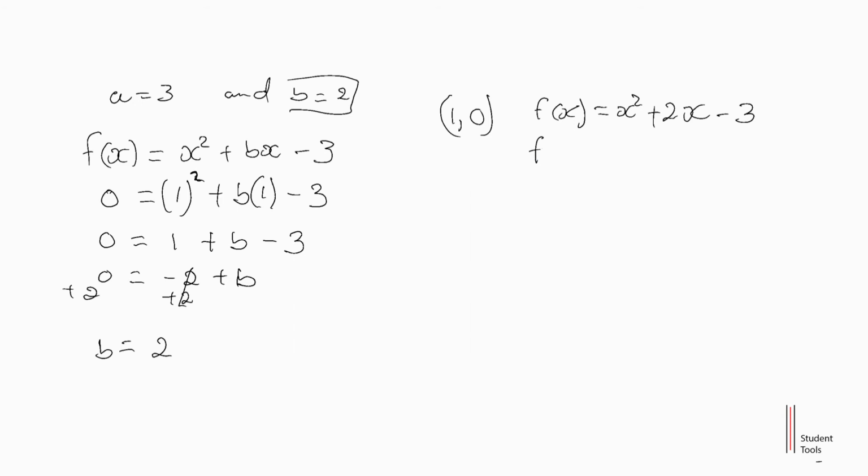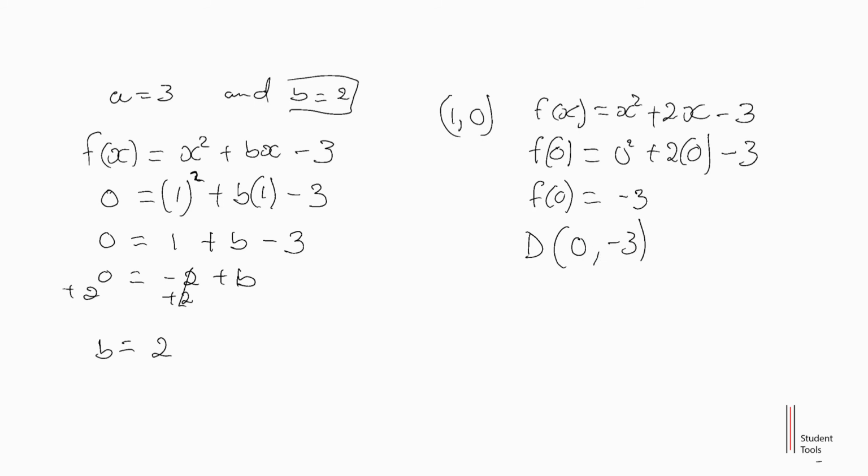So f of 0 is equal to 0 squared plus 2 times 0 minus 3. And then that makes f of 0 equal to, this is a 0 and this is a 0, so it's a negative 3. So therefore that makes d to be (0, negative 3).